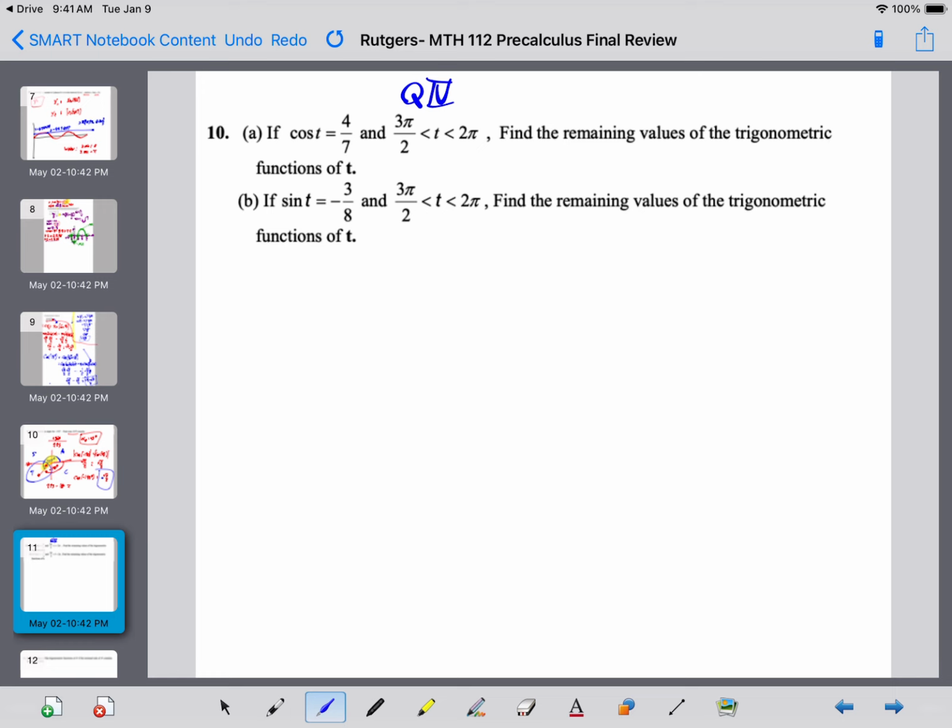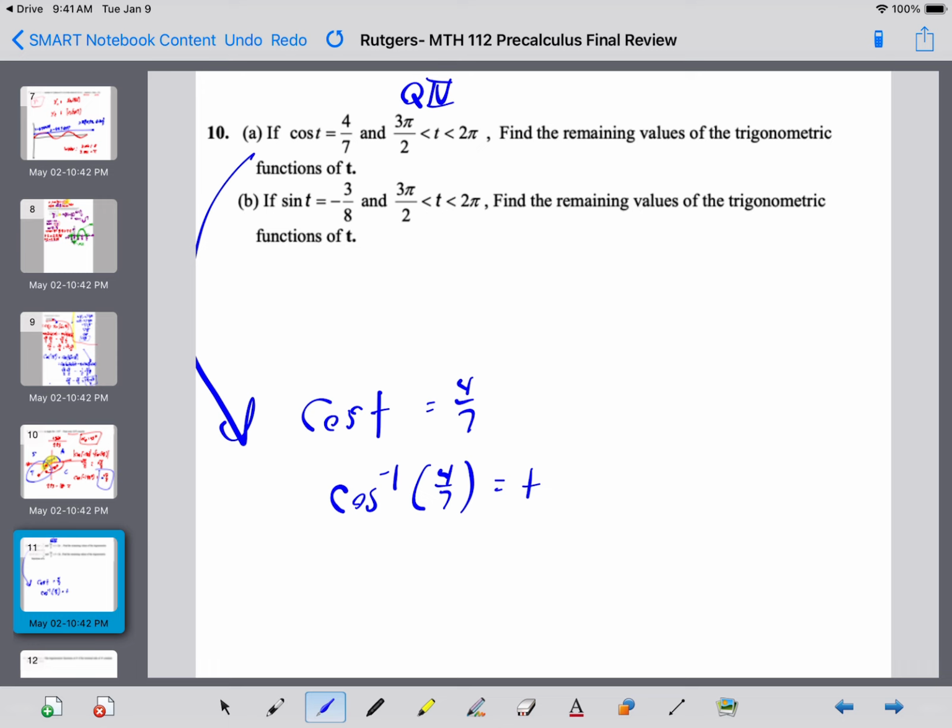So, if you're just finding the angle, you could use your inverse trig functions. So, cosine of t equals 4 over 7. So then the inverse of cosine, so arc cosine of 4 over 7 equals t. What does it want?